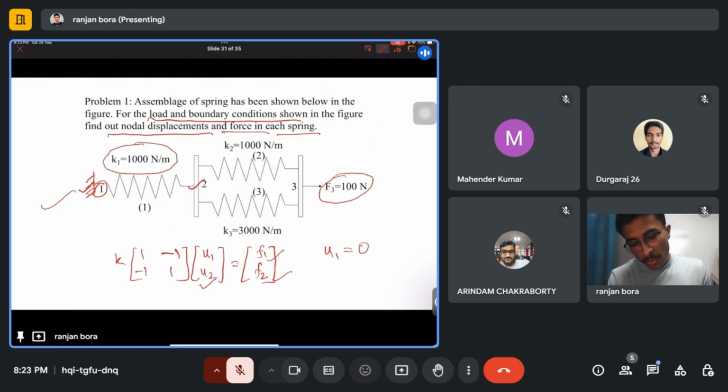Now we see here the node connectivity. The first element is connected with node 1 and 2, and the second element is connected with node 2 and 3, and the third element is also connected with the same nodes 2 and 3.